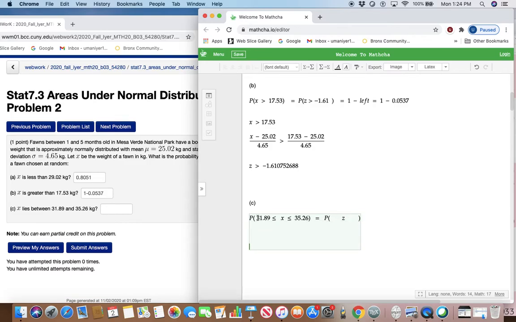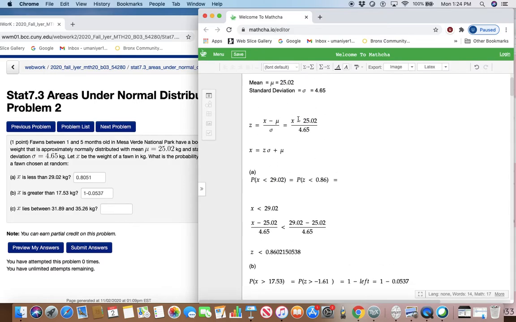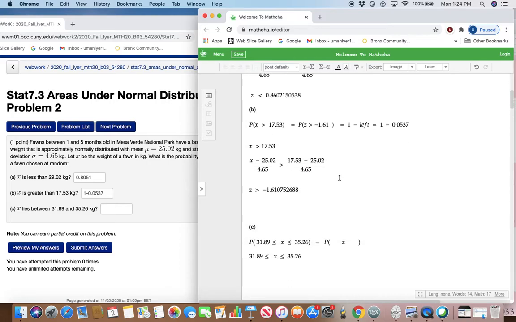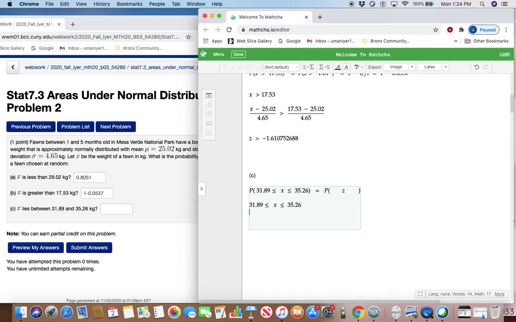I will rewrite this expression below and use my z formula three times: once here, once here, once here.